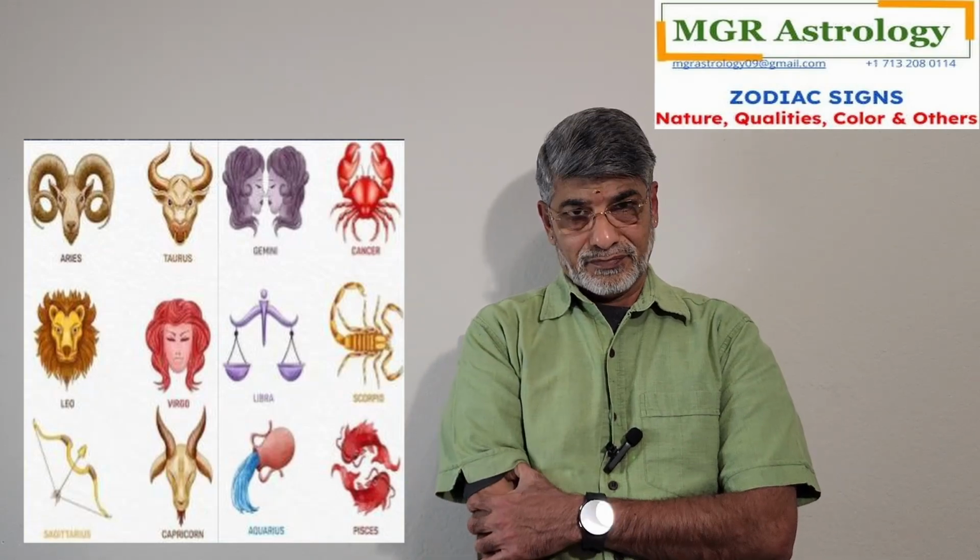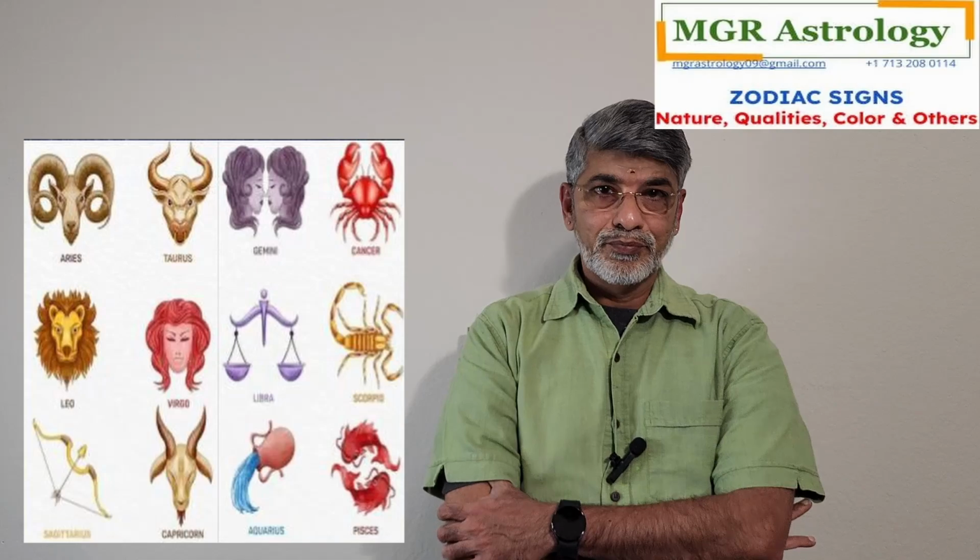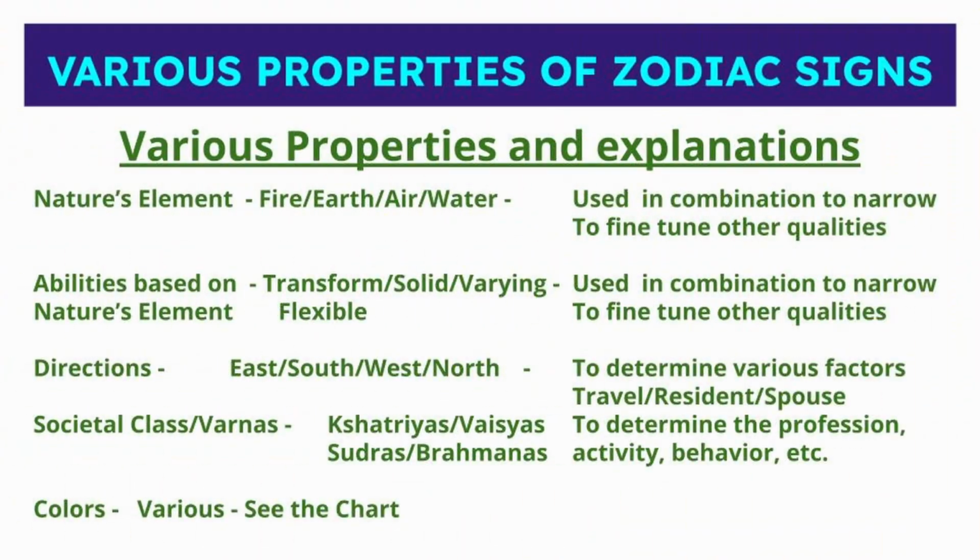Before the final one, there is also the class allocation, that is, the societal working class. This is called varnas in Hindu dharma or Vedic astrology. In modern society, it is a working class. There are 4 classes basically: Kshatriya for warriors, Vaishyas for traders, Shudras for workers, and Brahmanas for scholars and priest duties.